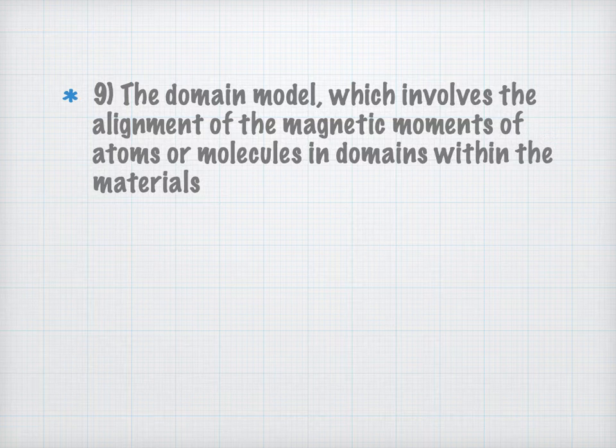Atoms and molecules have some built-in magnetism because of their orbital spins, and if you line them up in what they call domains, so they're little sections of these lined up, then you have magnetism. And so that's why with some materials, when you run electricity through them, you can line up the atoms. Ferromagnetic materials automatically line up, just naturally line up. But other materials can be made to line up if you run electricity through them.